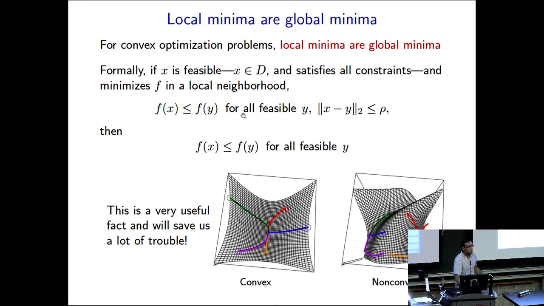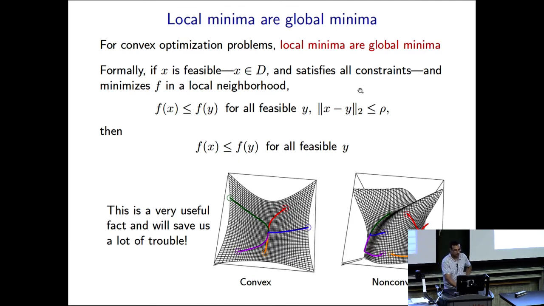And if it's both feasible and it satisfies this property, in some small neighborhood, f of x is less than or equal to f of y for all feasible y that are within a ball of radius rho around x.